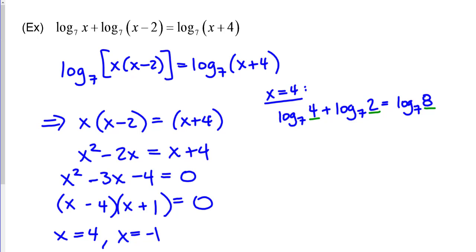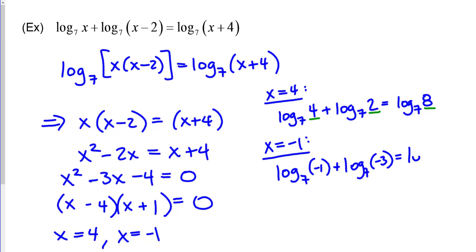The arguments, so the 4, the 2, and the 8, these are all positive numbers, and that's fine, as long as they're positive numbers. When I use x equals negative 1, well, this first term becomes log base 7 of negative 1 plus log base 7 of negative 3 equals log base 7 of 3.